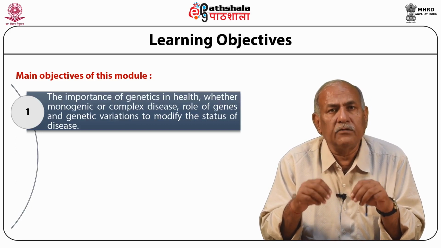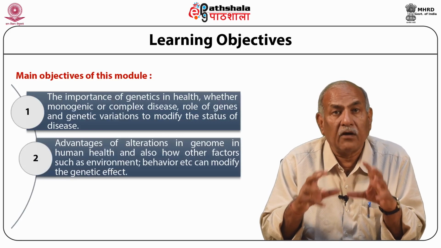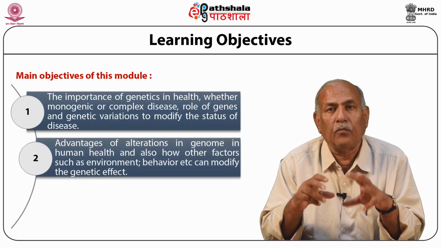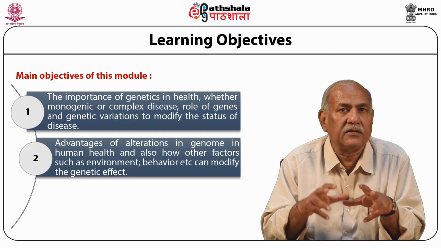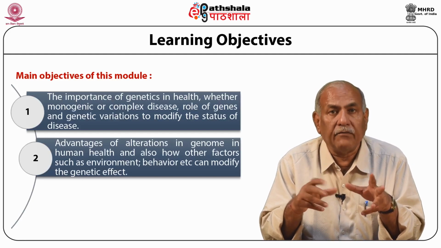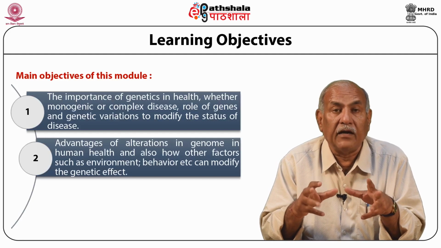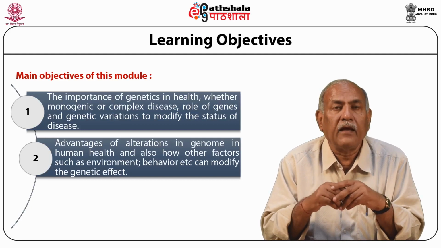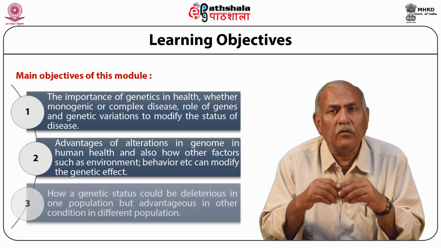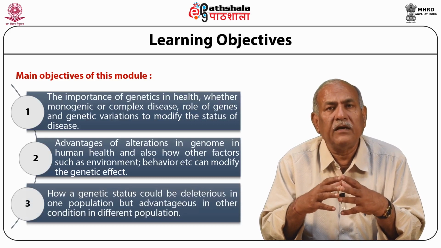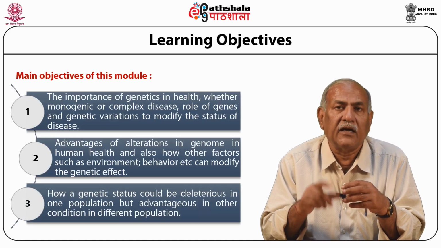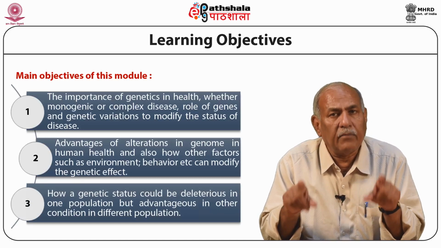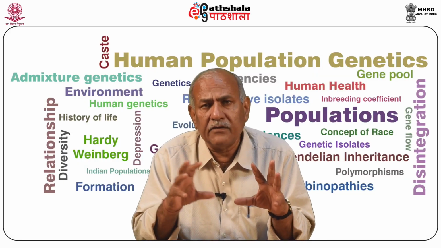You would be able to understand the advantages of alteration in the genome in human health, and also how other factors such as environment, behavior, etc. can modify the genetic effect. And you will also know how a genetic status could be deleterious in one population but advantageous in other conditions in different populations.